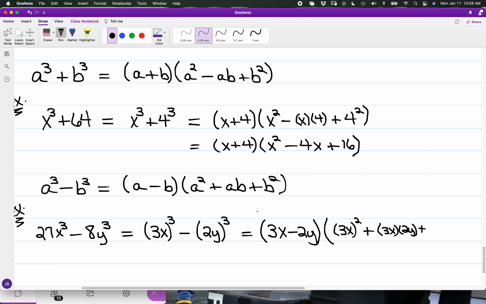And for B squared, we have 2y quantity squared. And for this end result, so we have the quantity of 3x minus 2y.